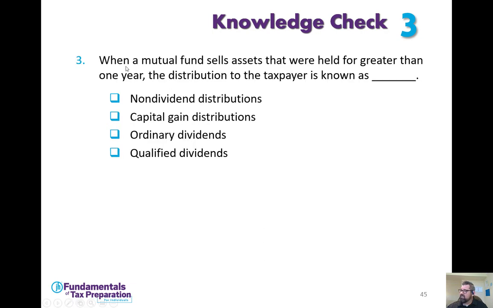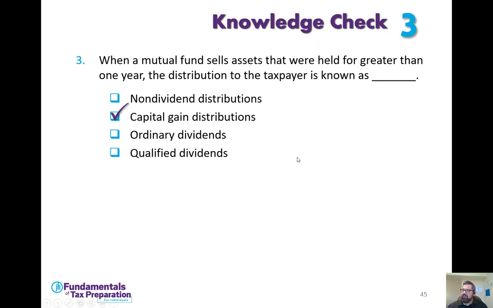So when a mutual fund sells assets that were held for greater than 1 year, the distribution to the taxpayer is known as a capital gain. It doesn't really matter if it's a year or not, but if you sell something for more than what it was purchased for, that is a capital gain.